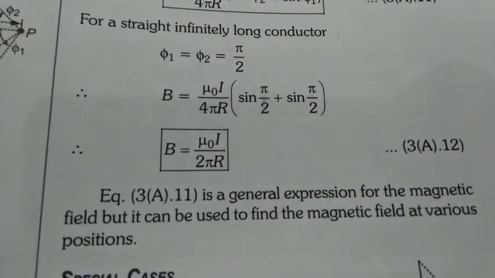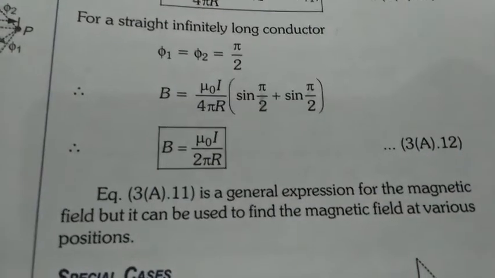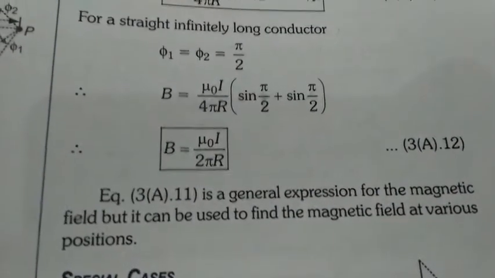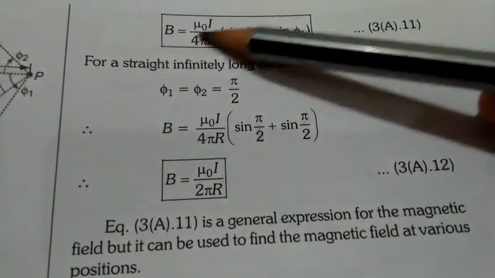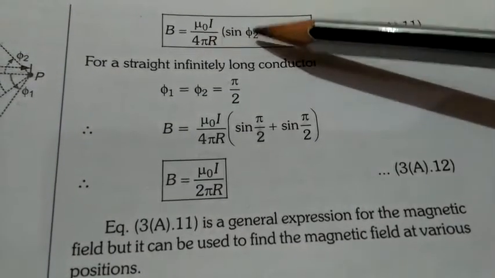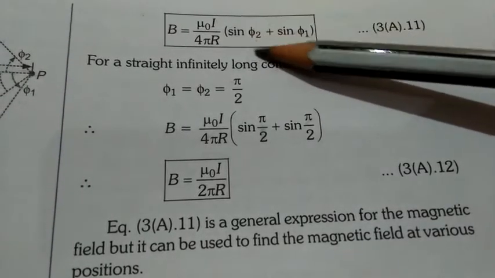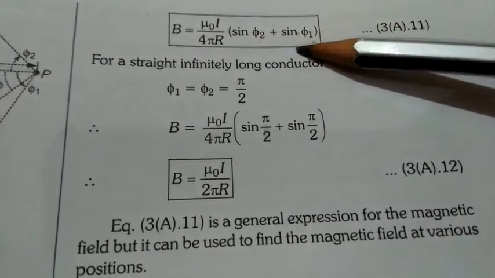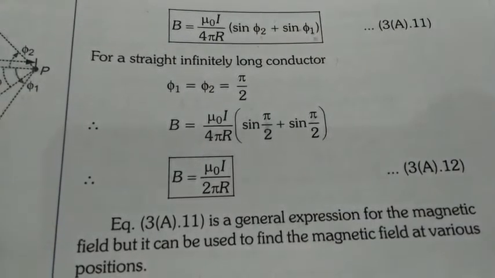Now this is the general expression. With the help of this expression, where we have the values of phi, we can find the magnetic field at different positions from the current carrying conductor.